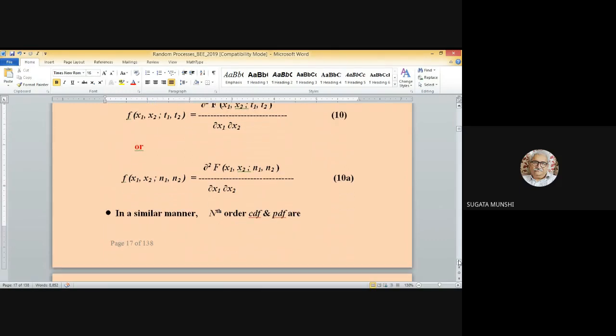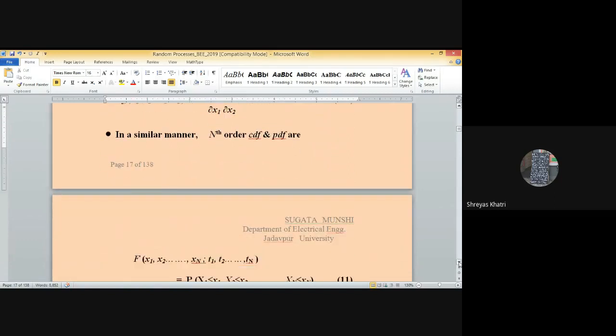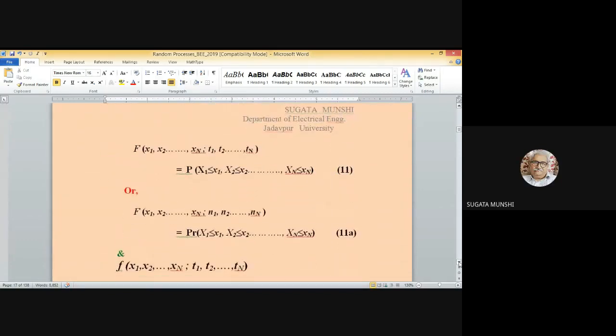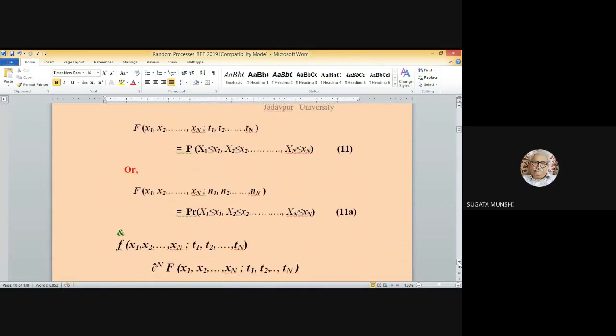Yes, sir. So that is the capital Nth order cumulative distribution function. Because we have frozen our attention to capital N number of instants, we are having capital N number of random variables, capital X1, capital X2, capital X3, in this way up to capital XN.